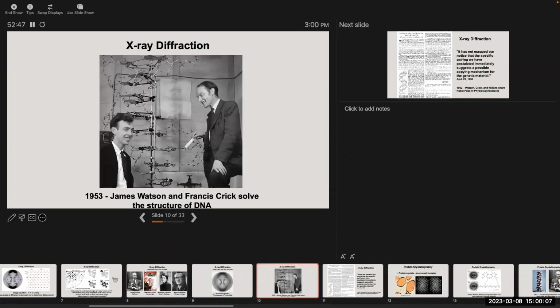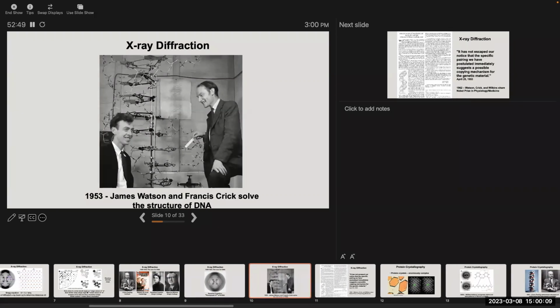So here they are again, standing with their model. I think I showed you this photo way back on the very first day of class, because I was talking about how important constructing a model, whether it's just a drawing, or in this case, a 3-dimensional physical model, is to the process of discovery.